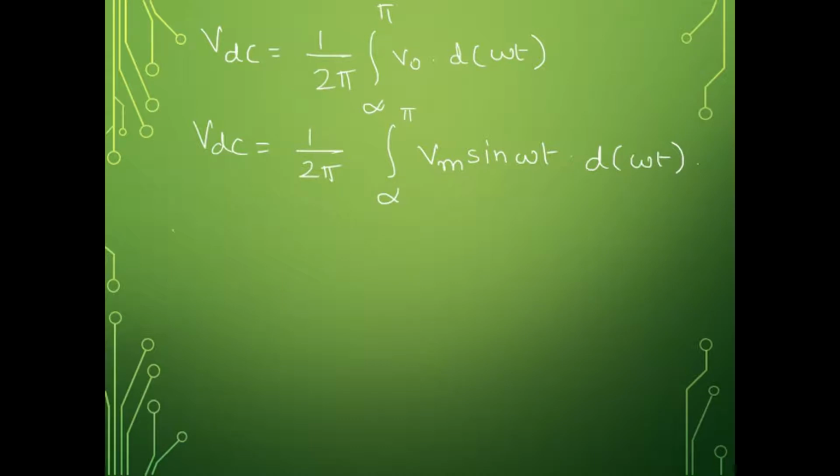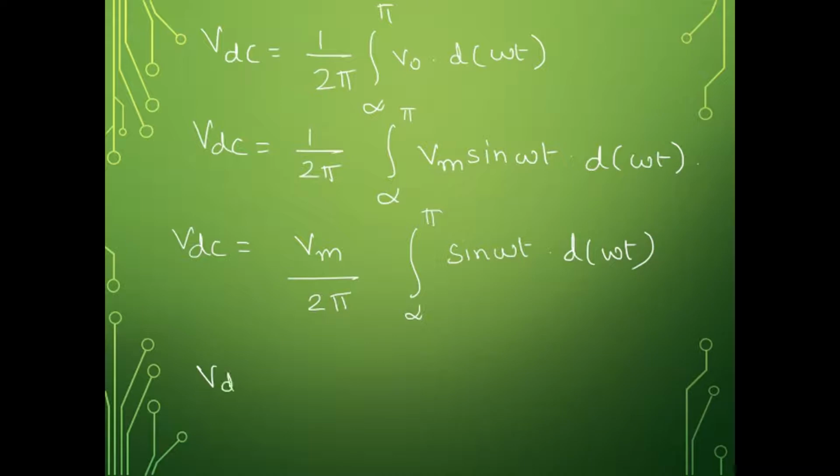Okay. So VDC, we can write it as, taking Vm out, Vm by 2 pi integral alpha to pi sine omega t d of omega t. The integral of sine omega t is minus cos omega t, with the limits alpha to pi.